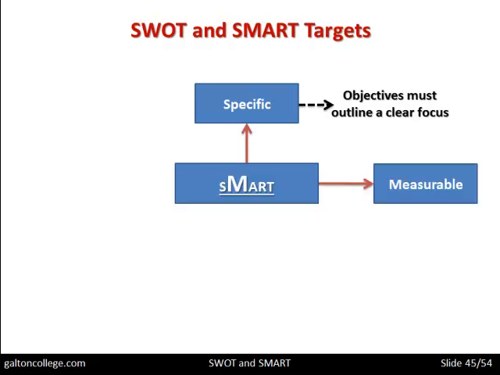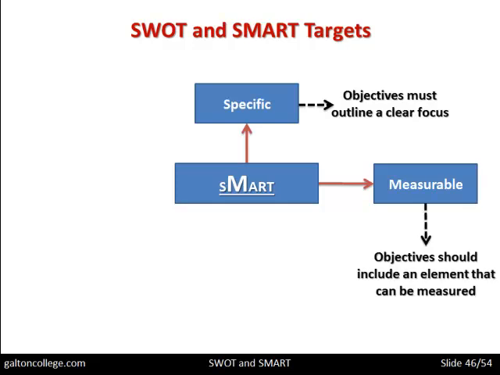Now the M in SMART is measurable. The objectives should include an element that can be measured. If the objective was for the employee to learn how to use a spreadsheet, then that's in a sense measurable.